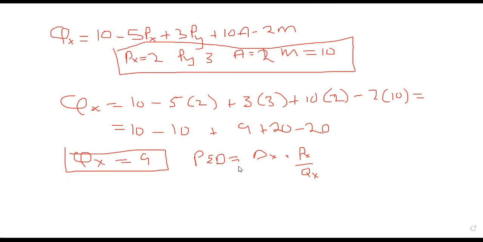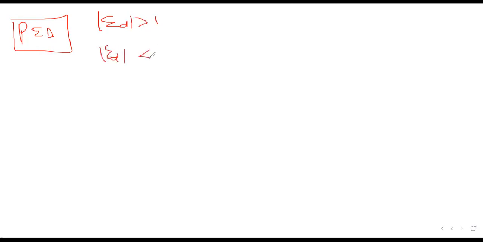Now, before I go into the calculation of this, we must firstly understand the 3 key things I've mentioned. Let's do a quick recap. When we're dealing with price elasticity of demand, we are looking for 3 key interpretations. If the elasticity of demand is greater than 1, what do we call it?